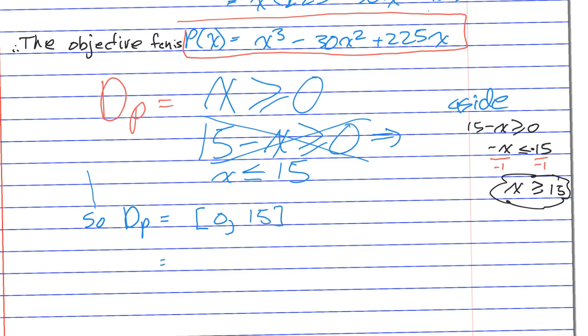Or you could write it using set notation, x such that x is less than or equal to 15 but greater than or equal to 0, and x belongs to the real numbers. You could do that as well, and you're done. So take a moment and be aware of how that works. If you have questions, ask me about it later.